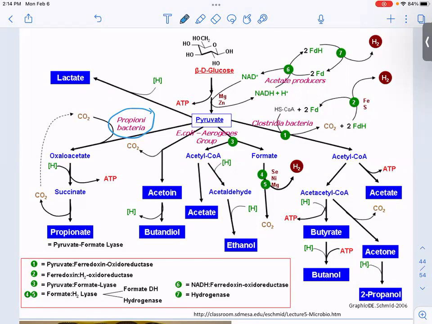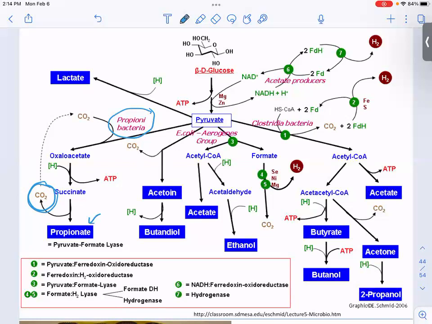The end product that they end up with, makes sense, is propionate, and carbon dioxide is given off. Propionate is the molecule that gives Swiss cheese its really distinctive flavor. And those holes in Swiss cheese are from the carbon dioxide that's released during that fermentation process. So that's always been one of my favorites.